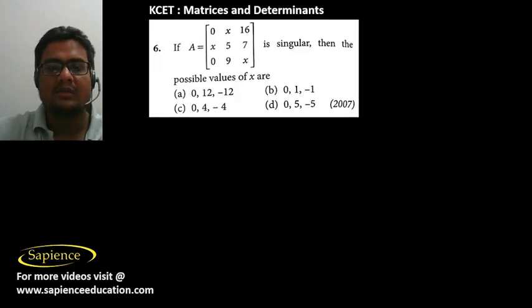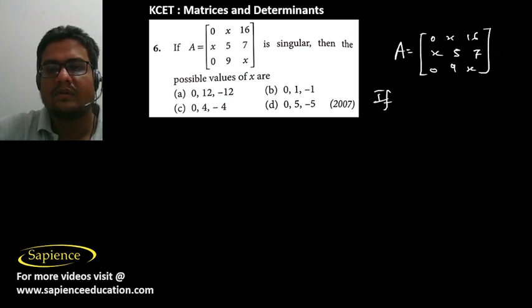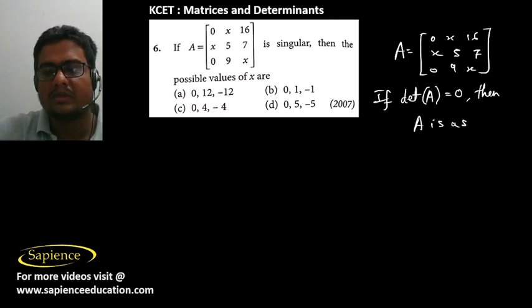Then in question number 6, it is told that the matrix A is singular, [0, x, 16; x, 5, 7; 0, 9, x]. So the rule is that if the determinant of the matrix A is equal to 0, then the matrix A is called a singular matrix. Then A is a singular matrix.